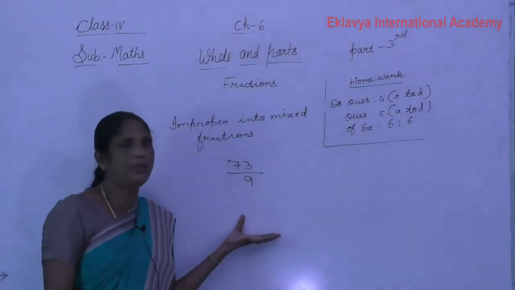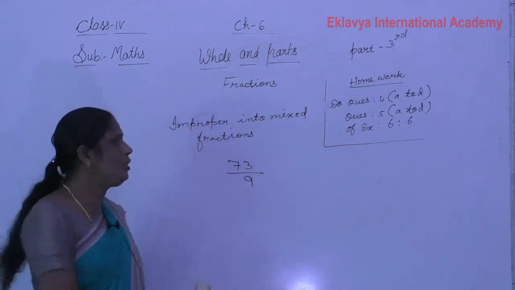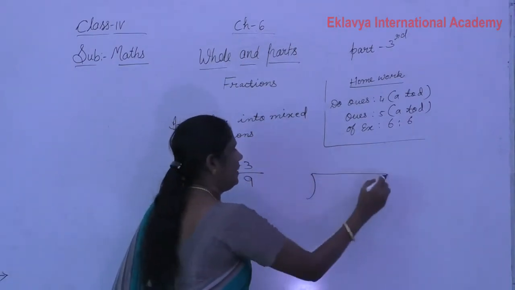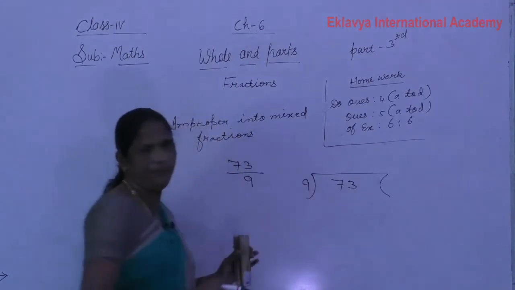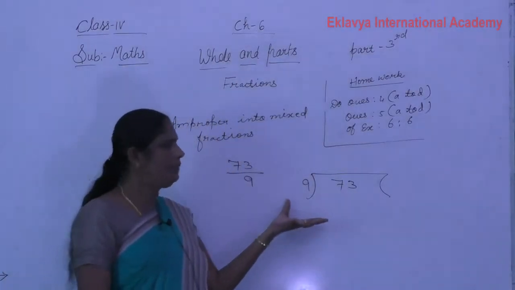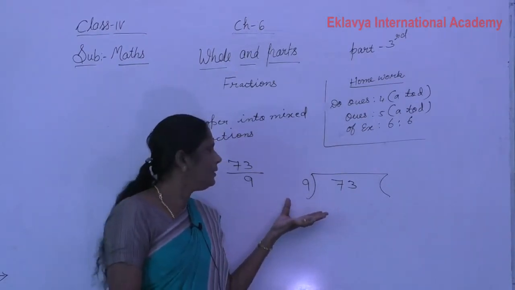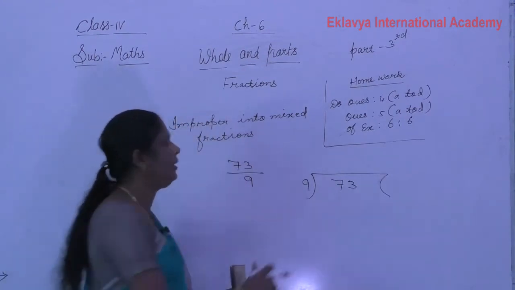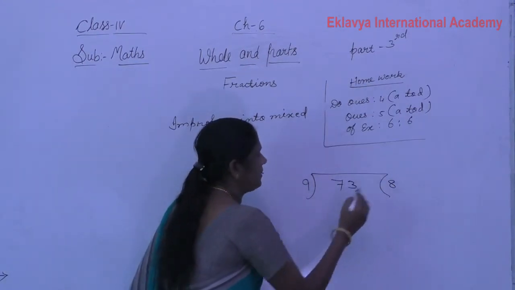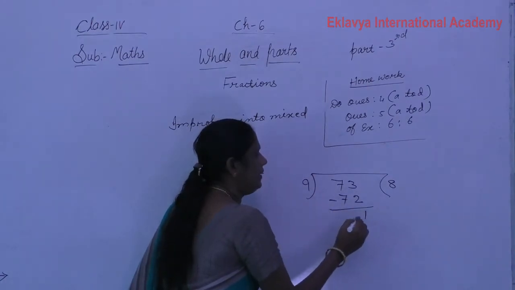What is our question? 73 upon 9. First you divide 73 divided by 9. Then the table of 9, how many times gone? 8 times. Then 72, then minus, 1.